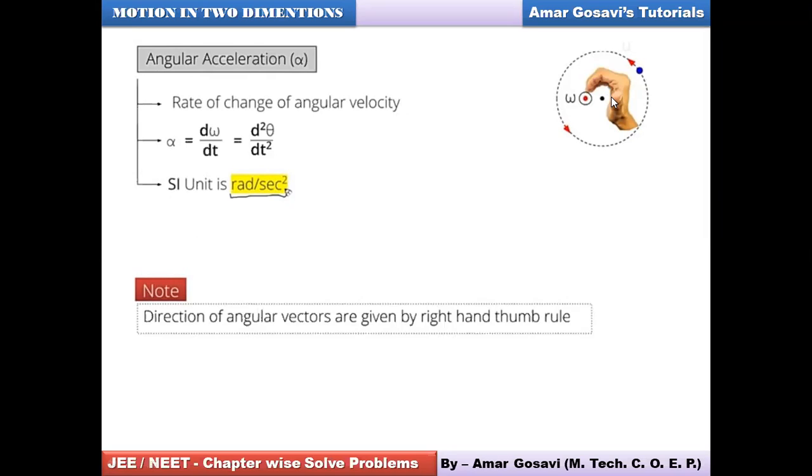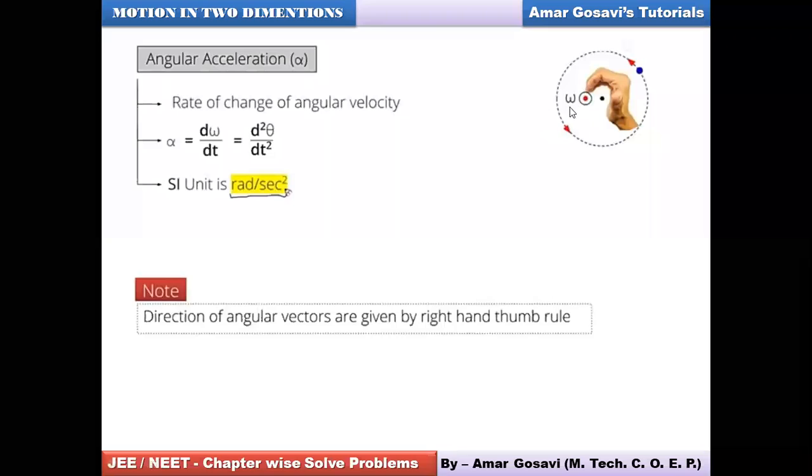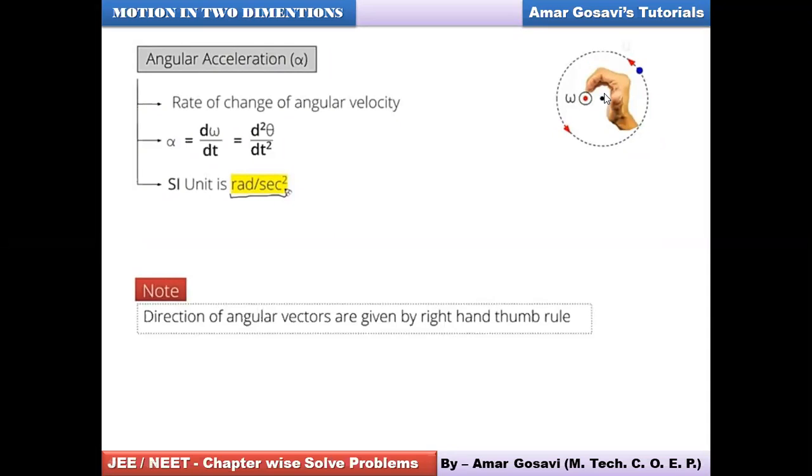The outstretched thumb will give you the direction of angular velocity, angular acceleration, and angular displacement. So this is for anti-clockwise circular motion. Had it been clockwise, obviously the thumb would have been inwards, perpendicular to the plane of the paper, you can see. Please make a note of it, and once you are done with it, let me know so that we proceed further.